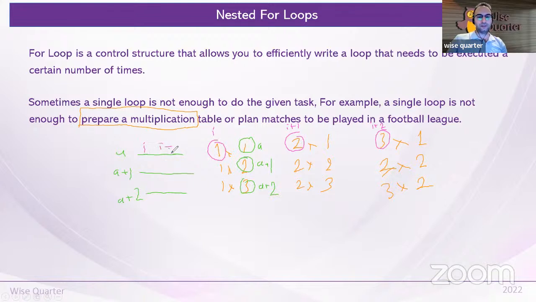I plus 1, I plus 2. So the outer loop will calculate these numbers, and the inner loop will calculate this side of the numbers. If you do it like this, as you can see, we need two loops working inside of the outer one. Otherwise, we won't be able to calculate or find these results.